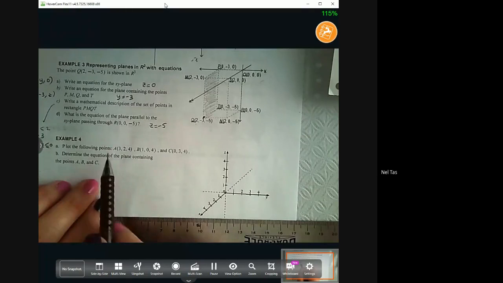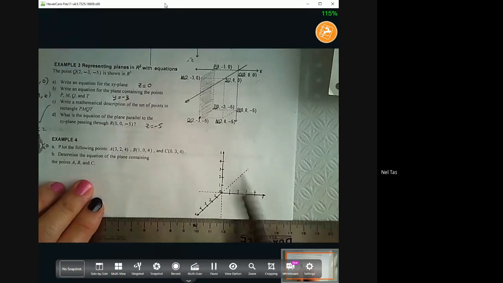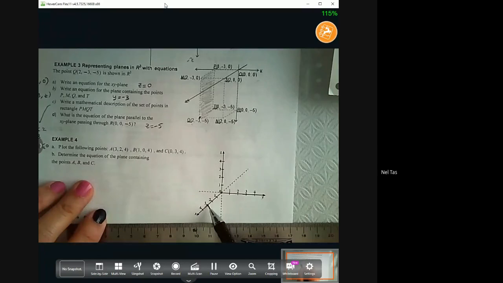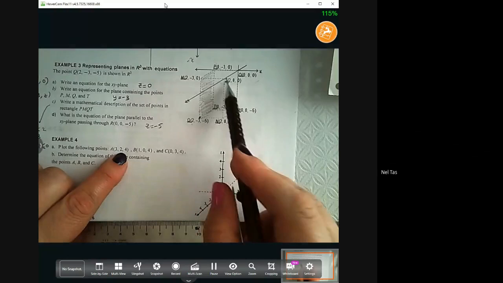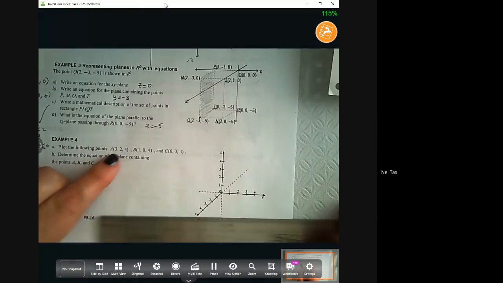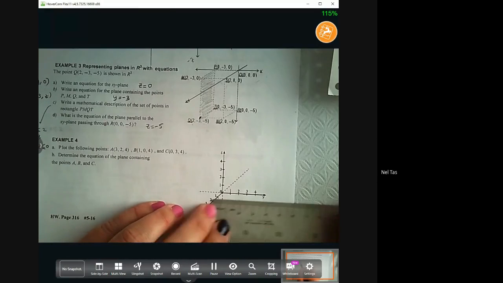We're going to plot point A, coordinates (3, 2, 4). We go 3 units on the x-axis, 2 units parallel to the y-axis. To build a rectangular prism like this is what we are going to do. So we go 3 units here, 2 units parallel to the y-axis.